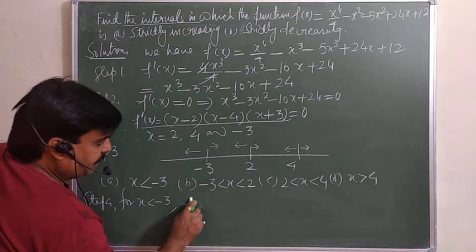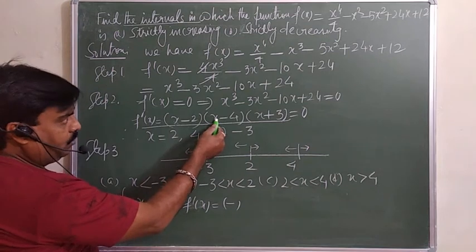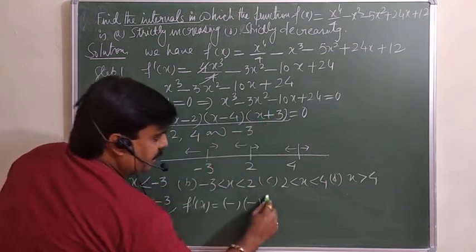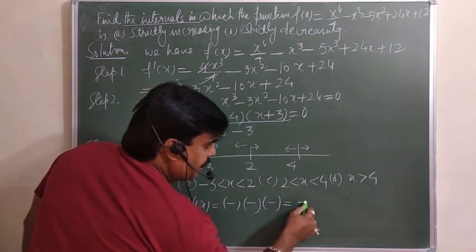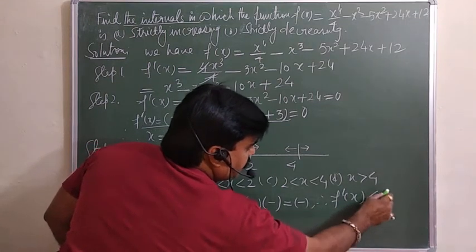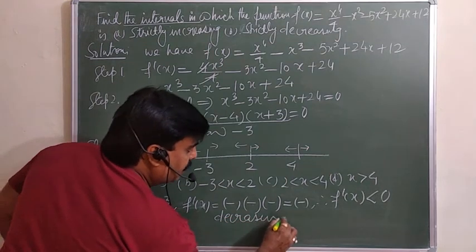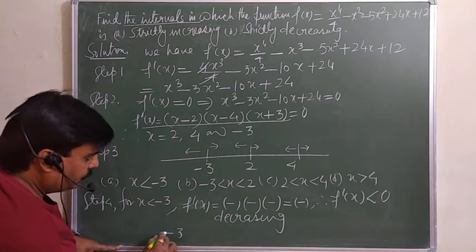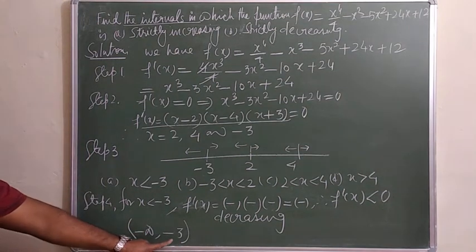Here minus 4 minus 8, again negative, minus 4 plus 3, again negative. So with minus, minus, minus, you get a negative value. Therefore f dash x is less than 0, so it is decreasing in this interval, from minus 3 to minus infinity.